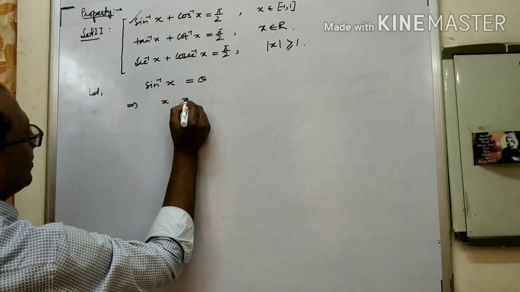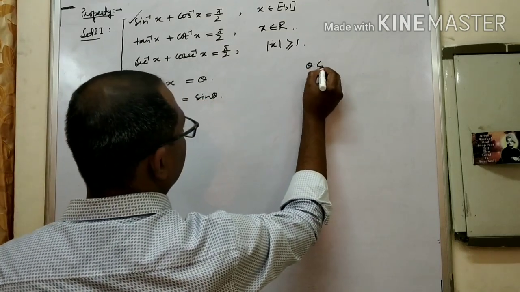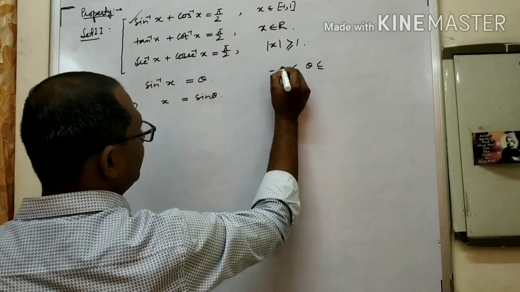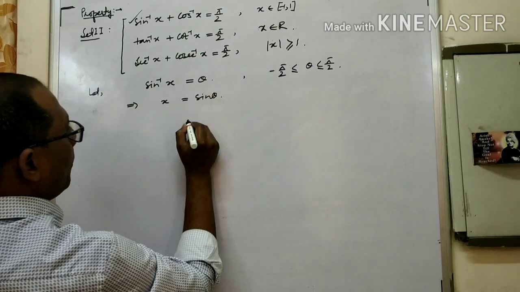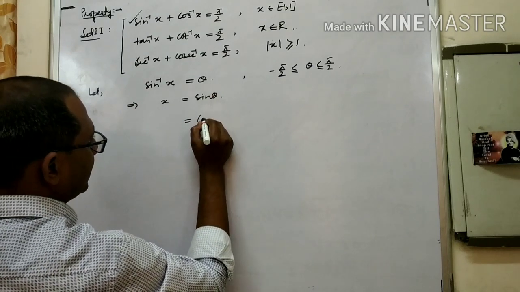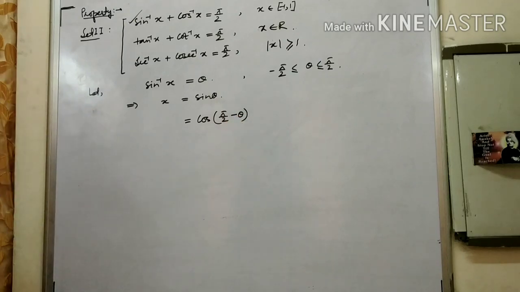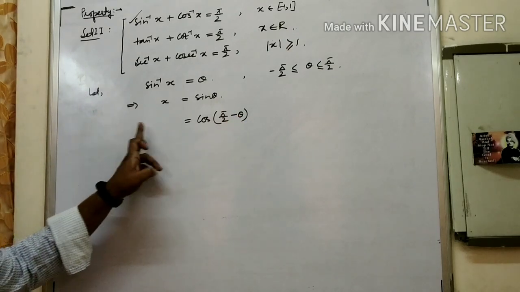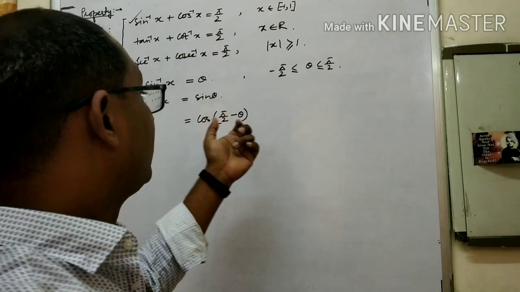So x will be equal to sin theta. Now theta is lying within minus pi by 2 to pi by 2. Sin theta can be written as cos of pi by 2 minus theta. But before I bring this cos to this side as cos inverse, I have to check where pi by 2 minus theta lies.